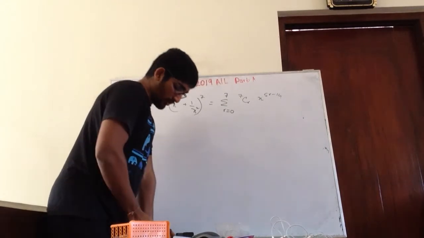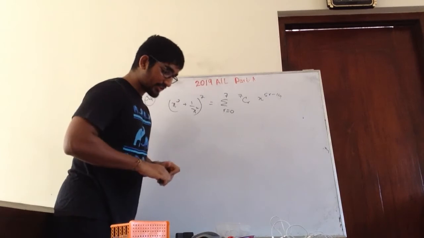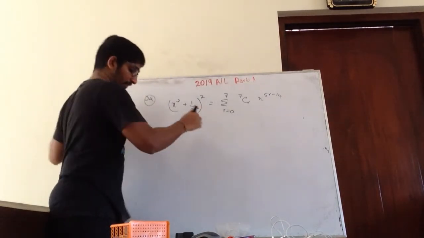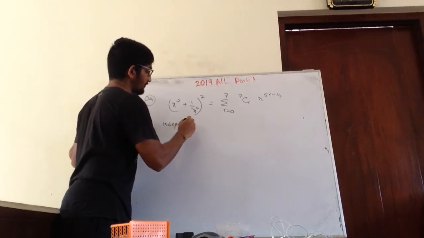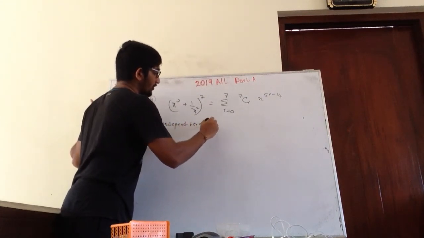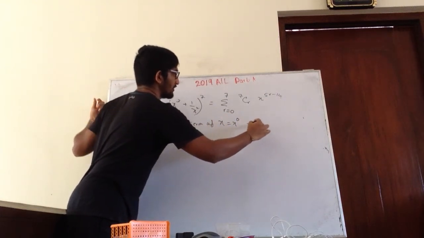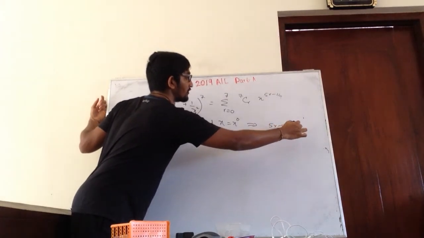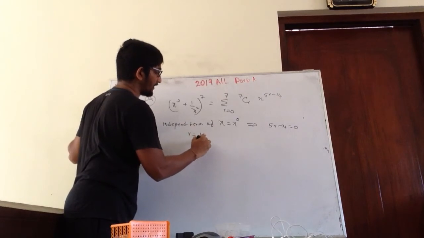Alright. So now we have to show that there does not exist an independent term of x. When we consider the independent term of x, that means basically x0, that means 5r minus 14 is 0. That means you will get r as 14 over 5.